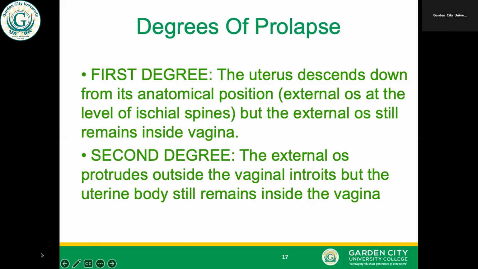And with the second one, the external os protrudes outside the vagina. Unlike the first one, where the external os is still up, with this one the external os gets out of the vagina, but the uterine body still remains inside.